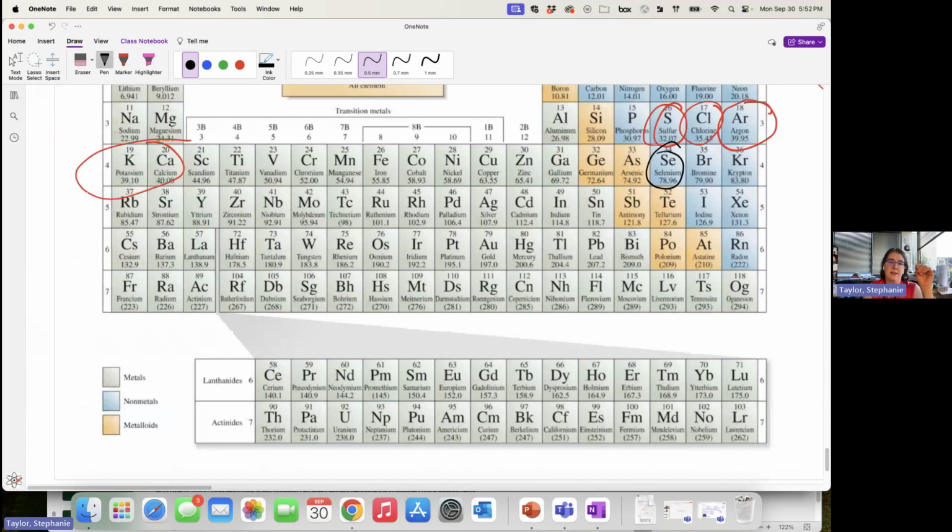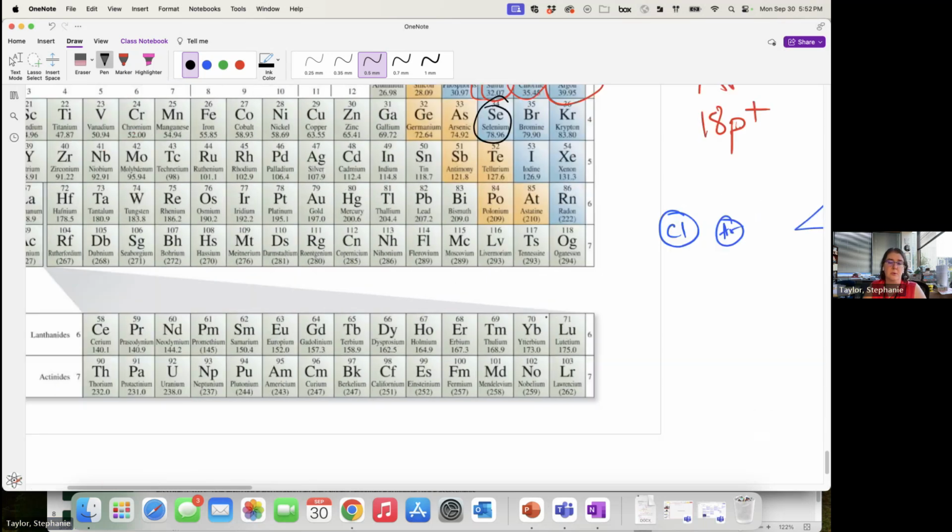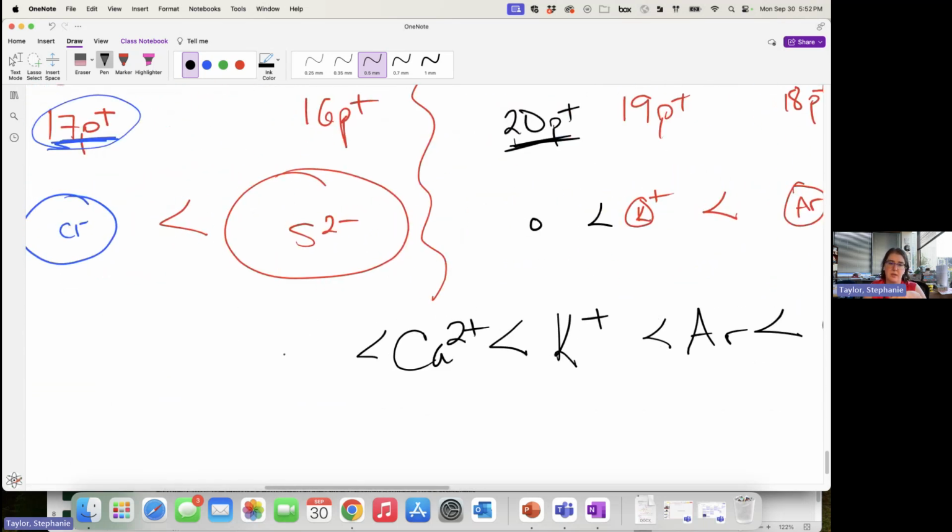Similarly, I left off with calcium. If I want to go smaller, I could go up, so I could hit magnesium or the magnesium cation. Keep in mind that when we're ranking, you have to be able to rank them with a periodic table and only with a periodic table.